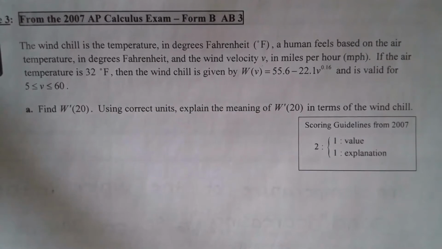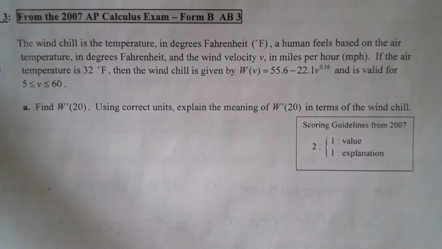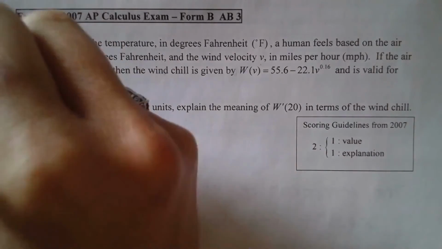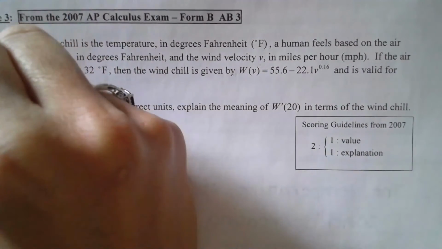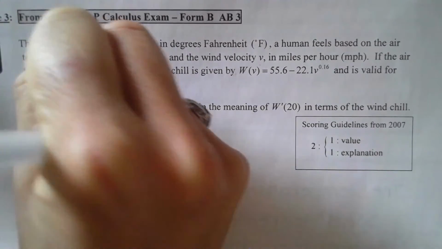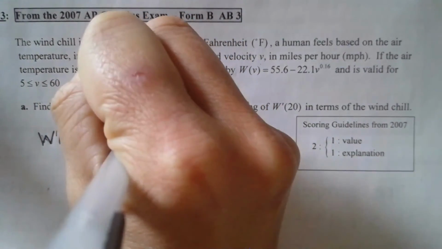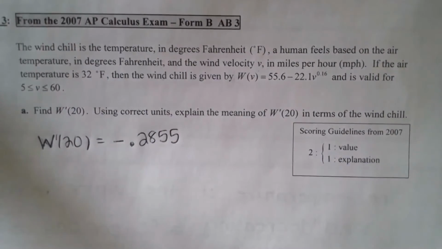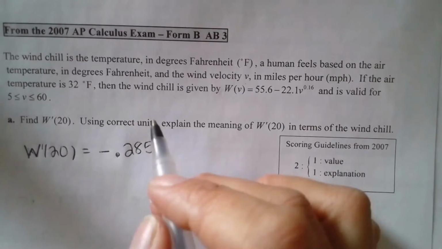So yes, our derivative would be miles per hour per hour. So W prime of 20 would be negative 0.2855. I always go with 4 just because it's easier.